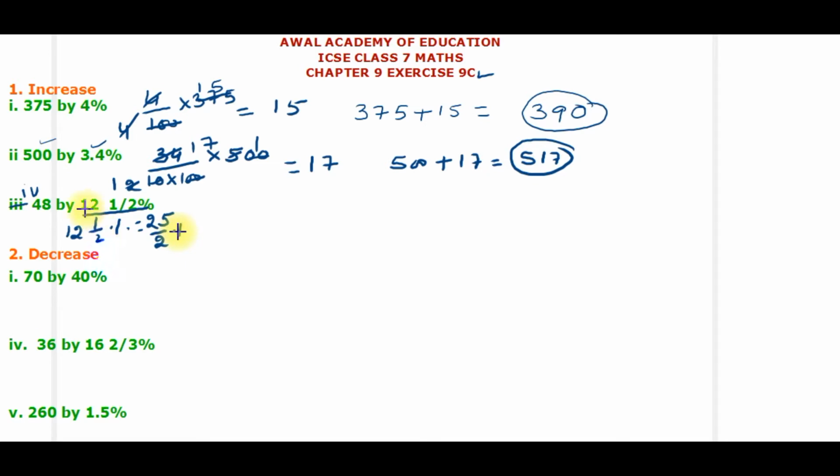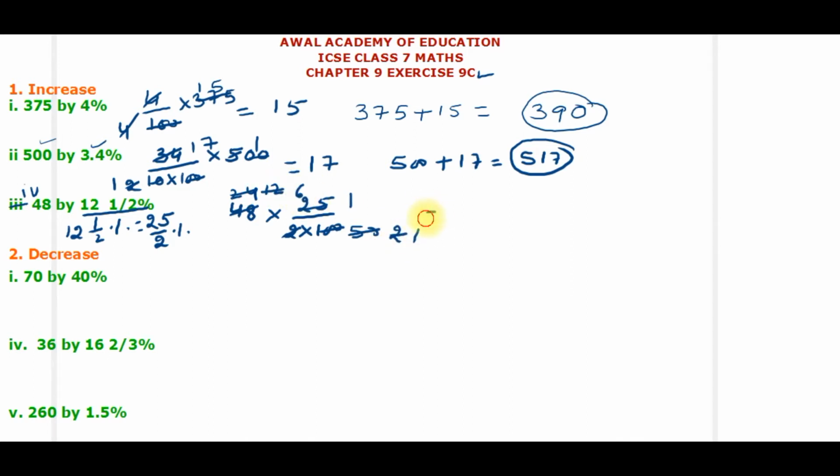So we will first find 25 upon 2% of 48. 48 multiplied by 25 upon 2, upon 100.